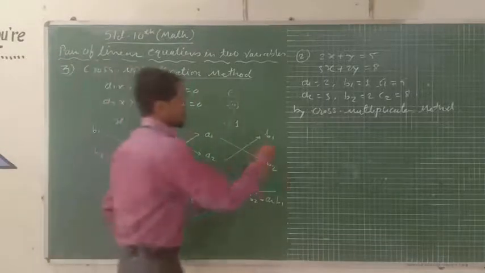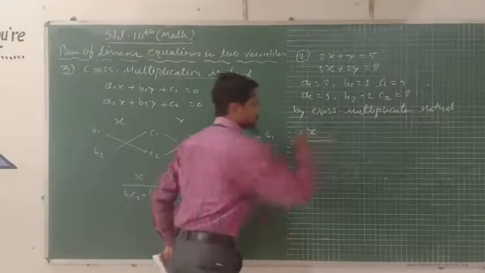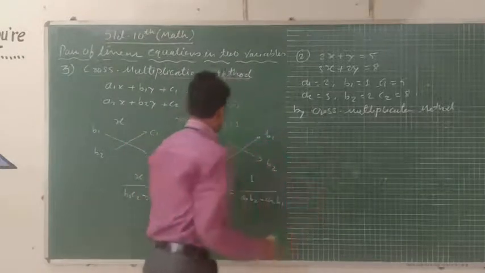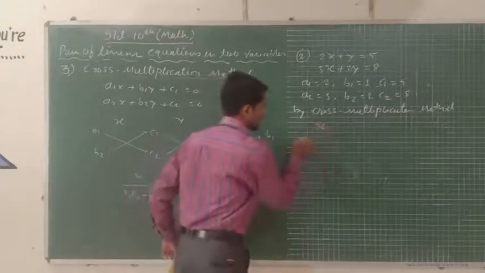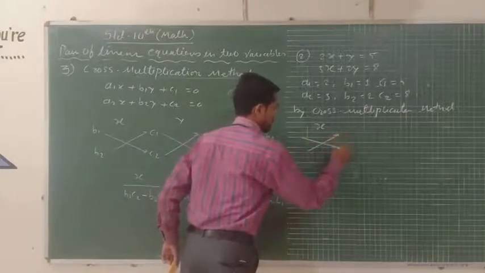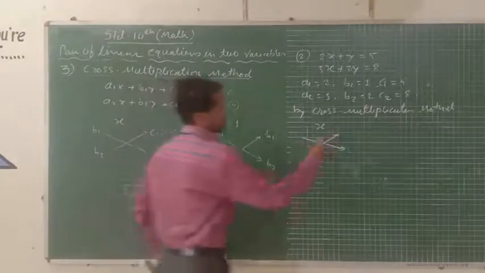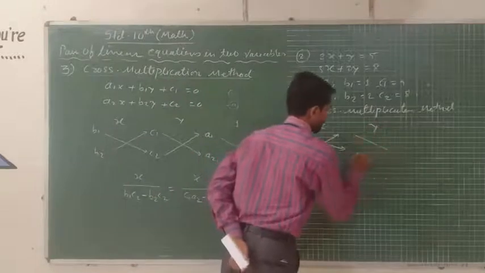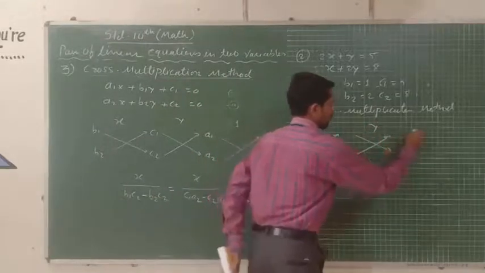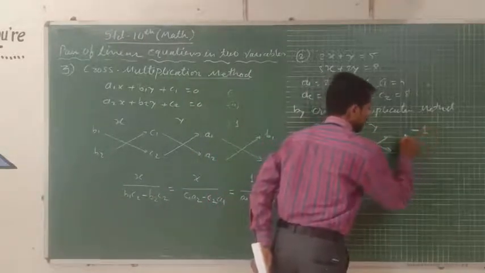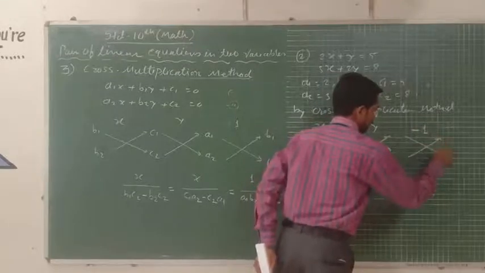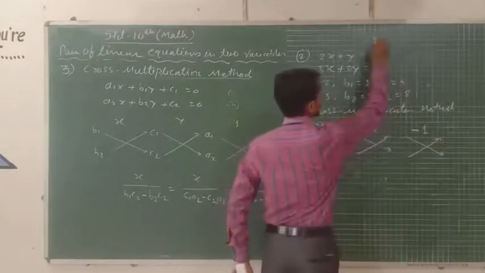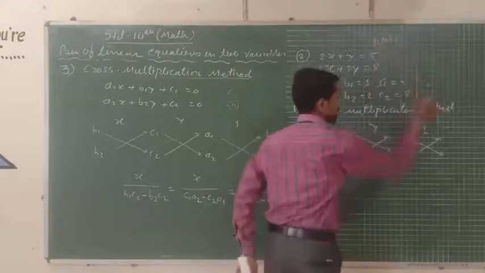Therefore x by, either we can have this one, it is x, or y, it is -1, because this is our RHS, that's why it is -1.